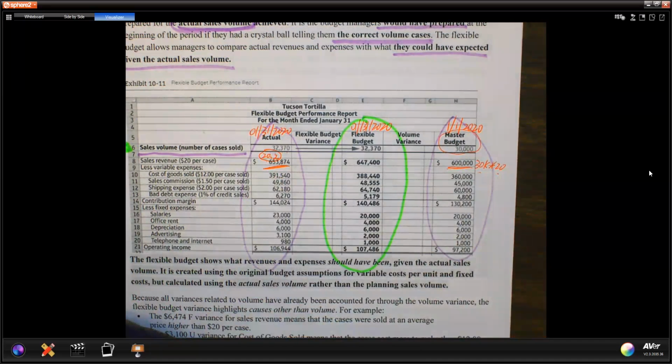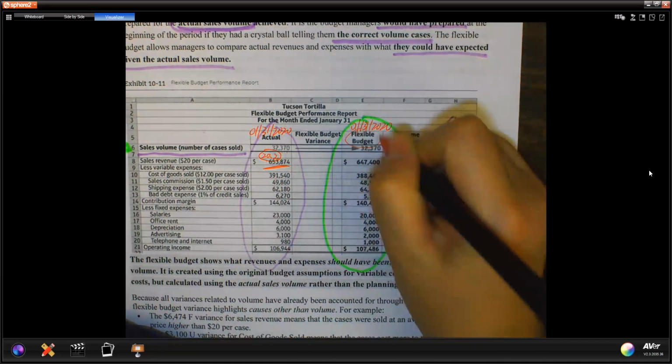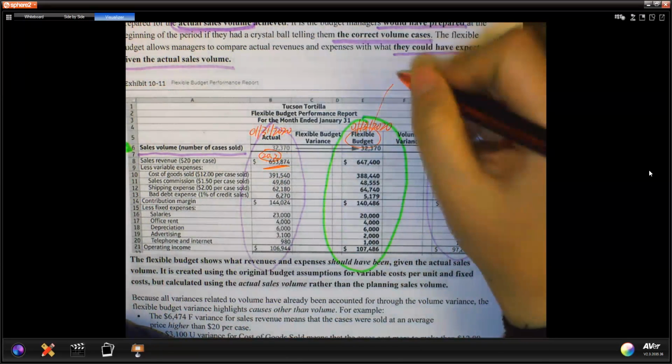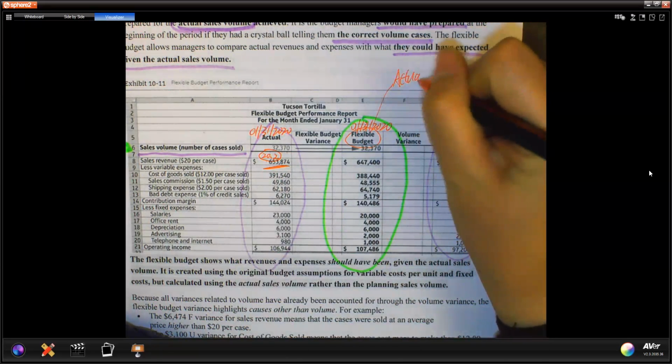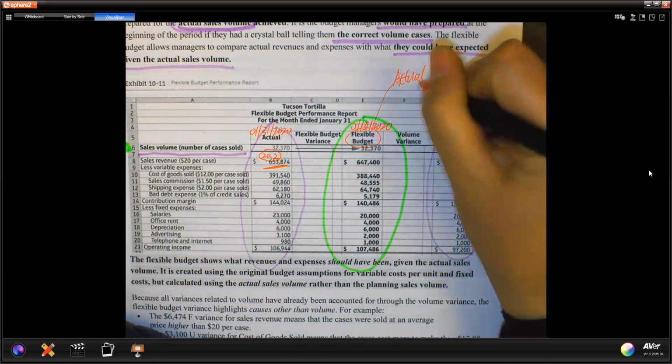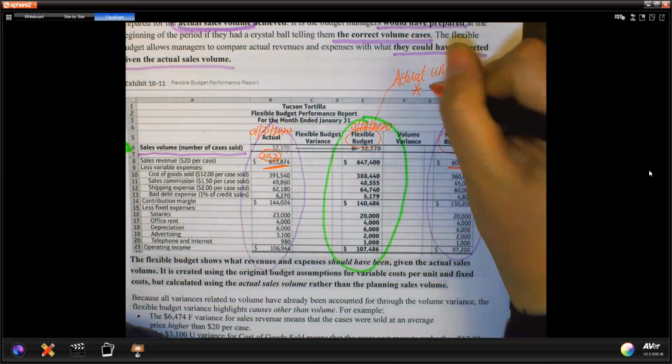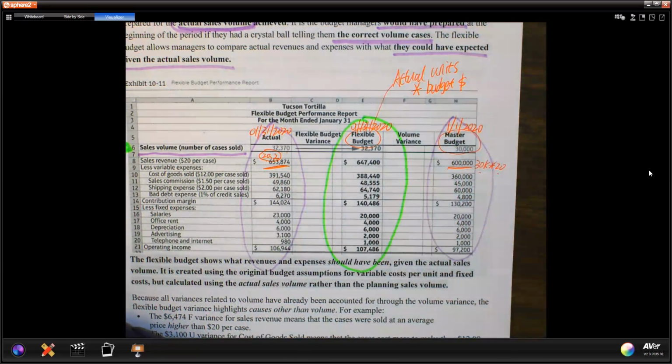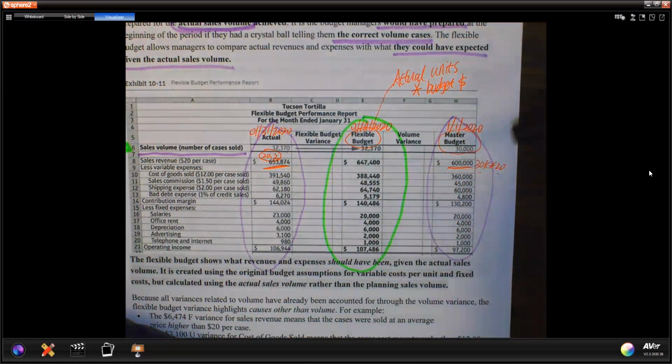And the flexible budget is you use the actual units, but times your budgeted dollar amount. You will say, Professor, I don't know what you mean. Okay, so what does this mean? You use your actual units.